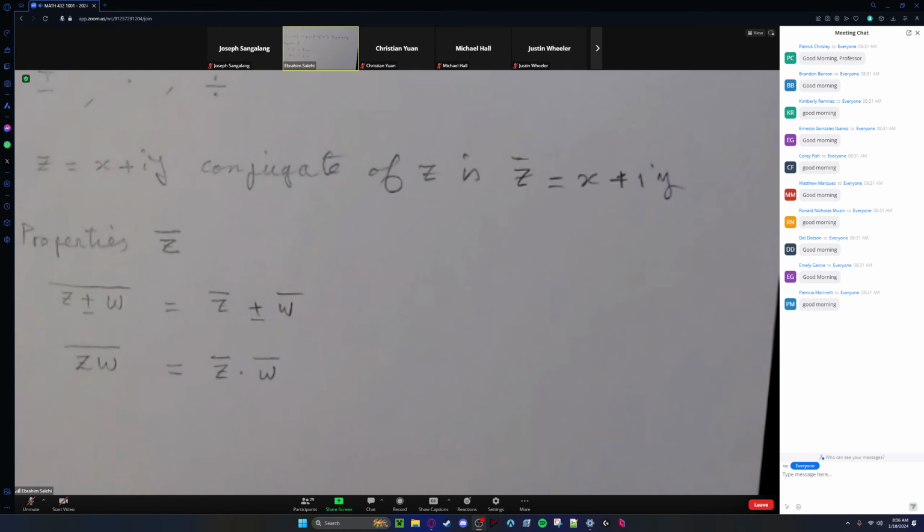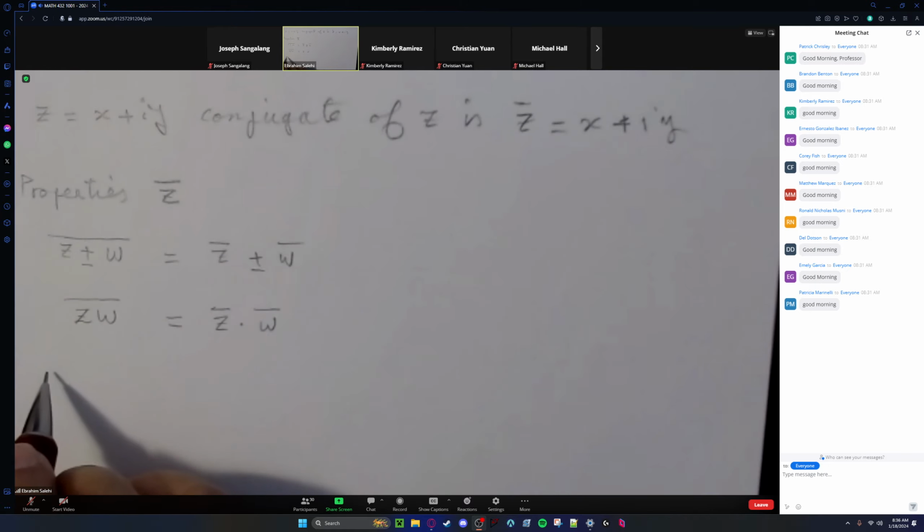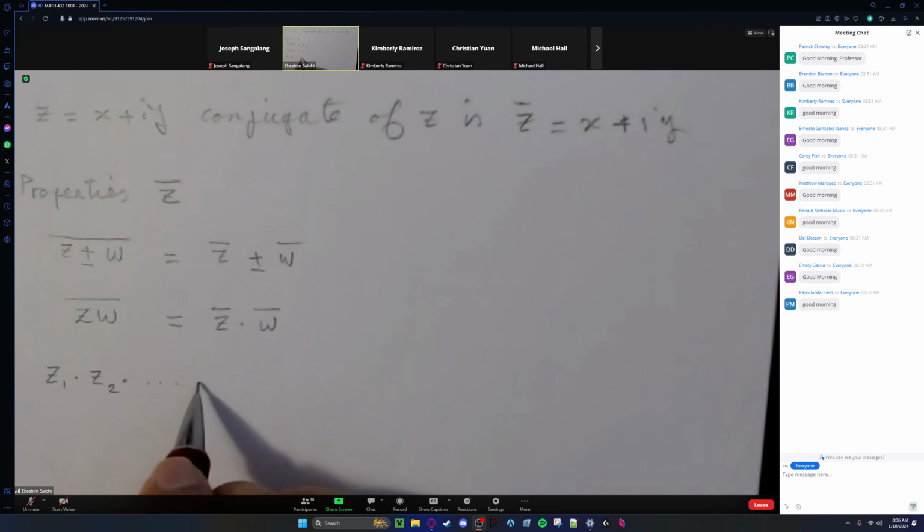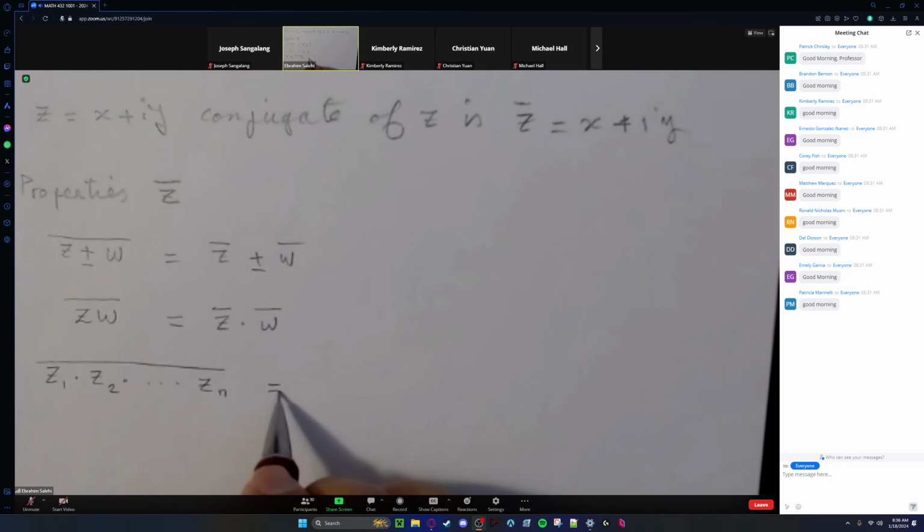This one, we can generalize. Instead of two, you can have three, four, in general, n. If you have z1 multiplied by z2 multiplied by zn, and you want to take the conjugate, it's the same as conjugate of z1 times conjugate of z2, and so forth.